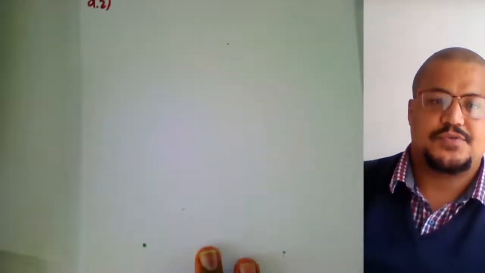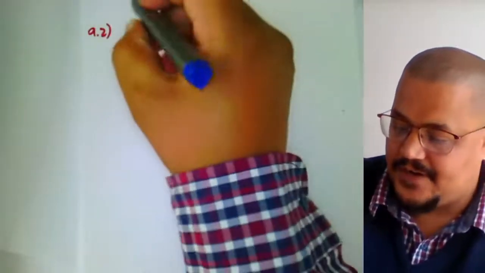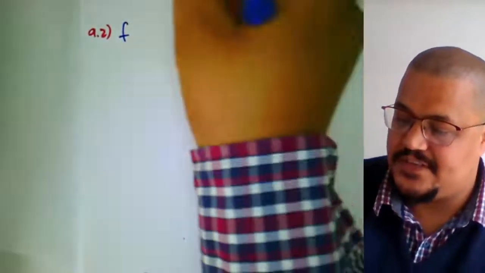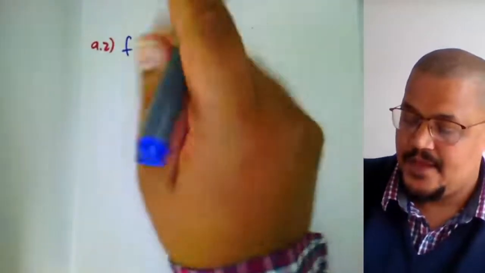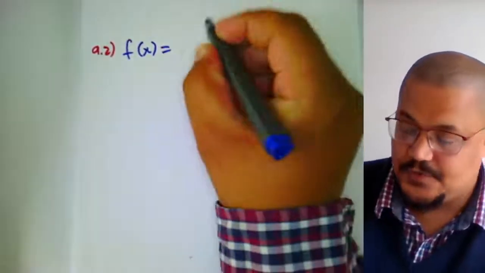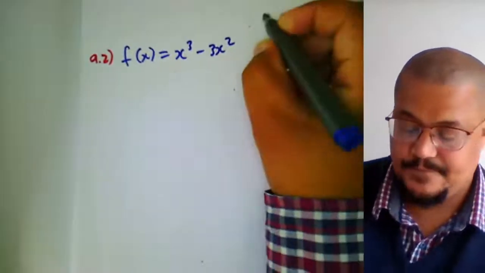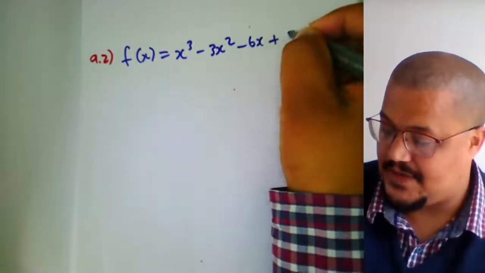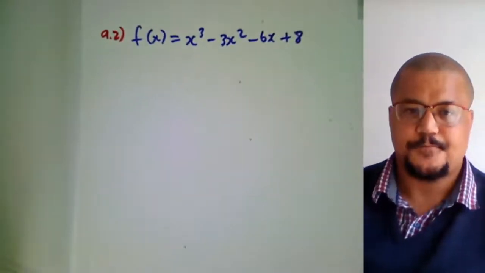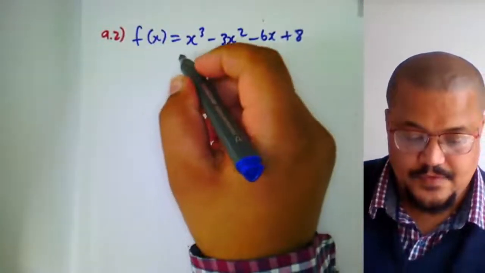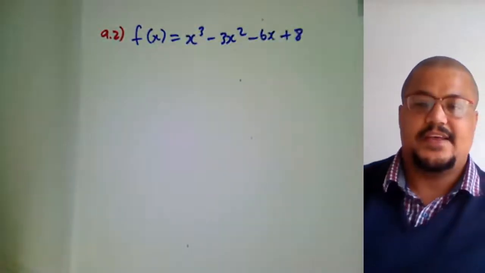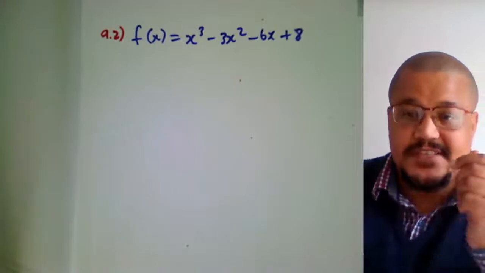So 9.2, we're looking at the function, which is now known to us because we have determined the function in the previous question. So f of x is equal to x to the power of 3 minus 3x squared minus 6x plus 8. Okay, and in order to find the x coordinates, we need to look at the first derivative.